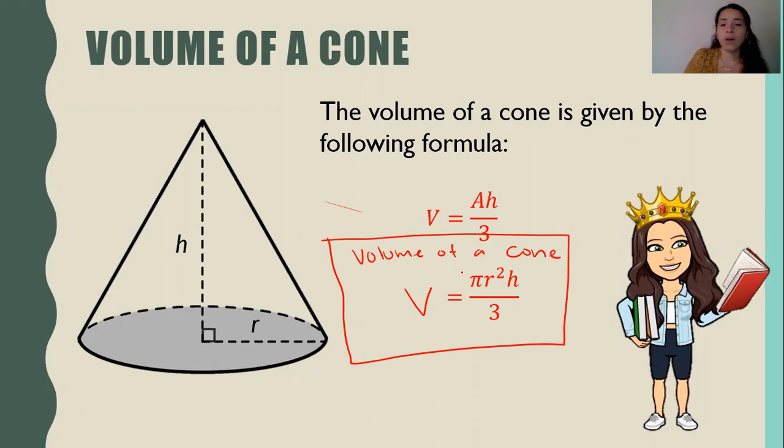Okay. Volume of a cone. So volume is equal to pi r squared times height divided by 3. Focus on writing your stuff down. Let's go to the next slide.